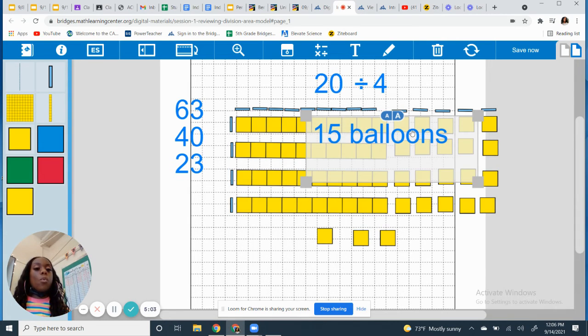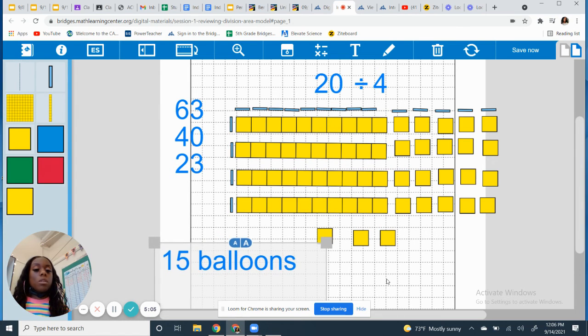But again, what do we do with these three? And so I had the kids today think about, what could you do with a balloon? Could you divide a balloon equally? No, because then we would have to pop them. So maybe they put these three somewhere else. Maybe they were in front of the store. Maybe they put them on just a little table to decorate it, or on a mirror. But these three are remaining.